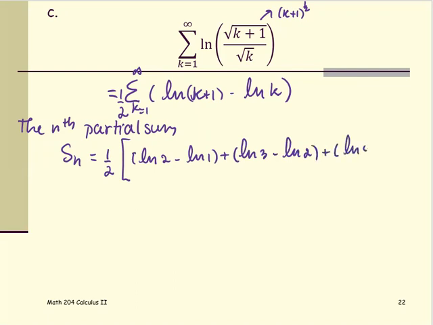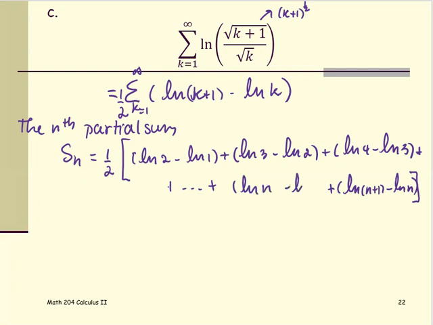Next, natural log 4 minus natural log 3, plus more. And then the very last one, for k equals n, would be the natural log of n plus 1 minus natural log of n. The one before the last would be the natural log of n minus natural log of n minus 1.